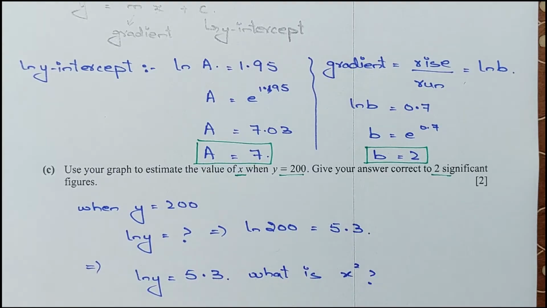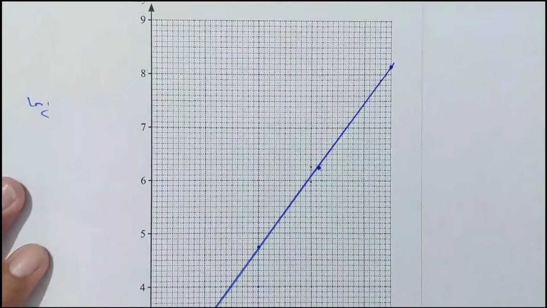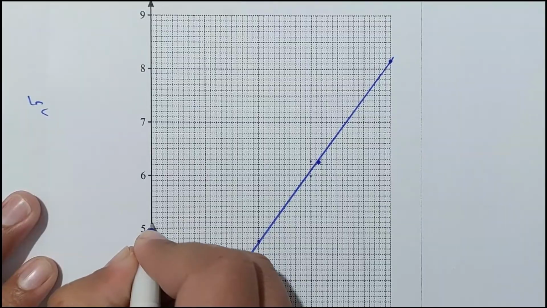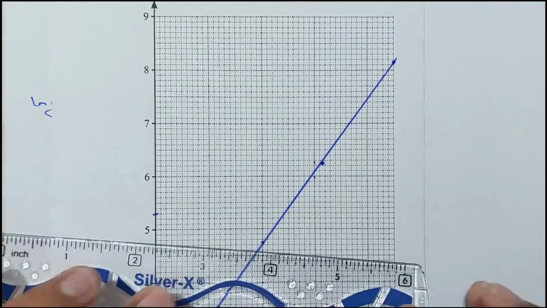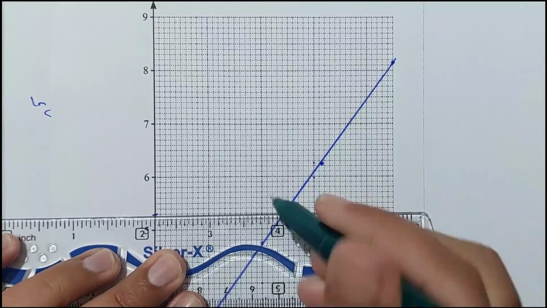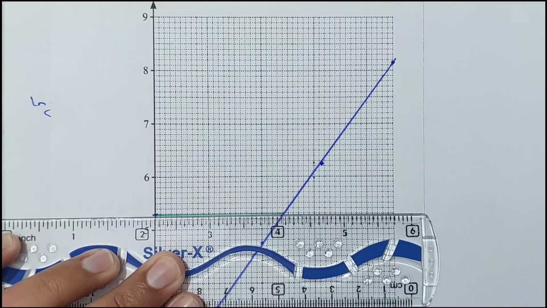Let's see, use the graph, because in this question we have to use a graph. When ln y is 5.3, okay, ln of y 5.1, 5.2, 5.3, we have to solve for x square. Here we have 5.3. All right, we have to work on x square.